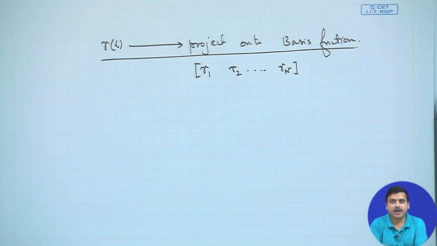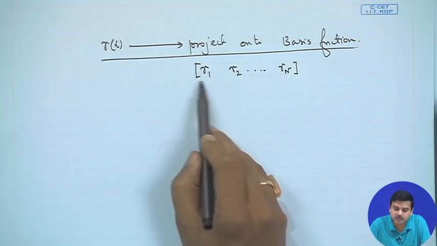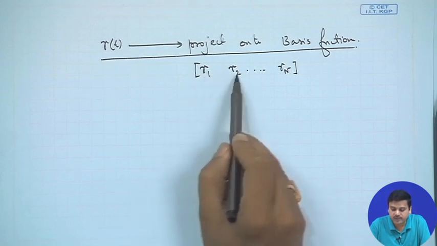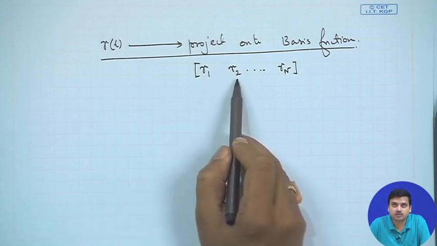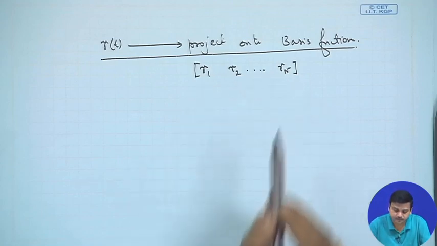In case of PAM, there is only one dimension and we are going to get one single component. If it is quadrature modulation, you are going to get two such components, one along the I channel, one along the Q channel. If it is n dimension, you are going to get components along all these n orthogonal dimensions.